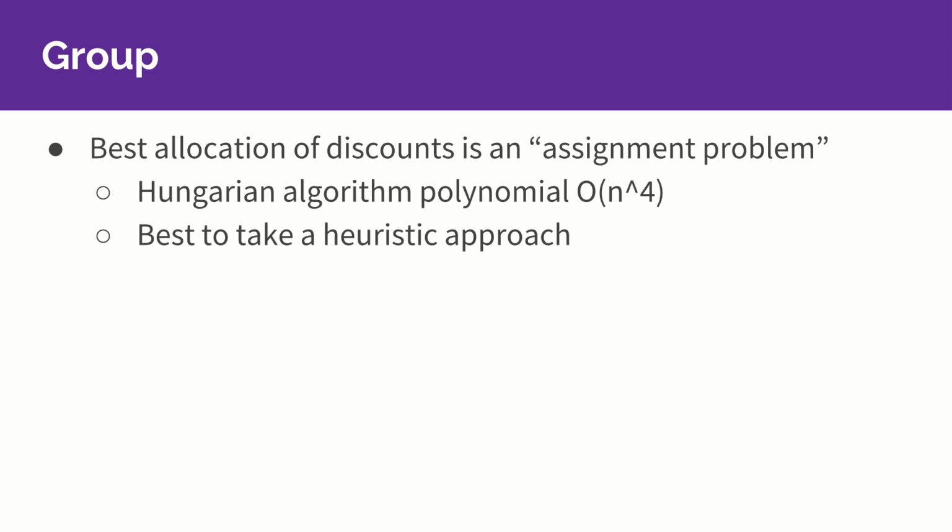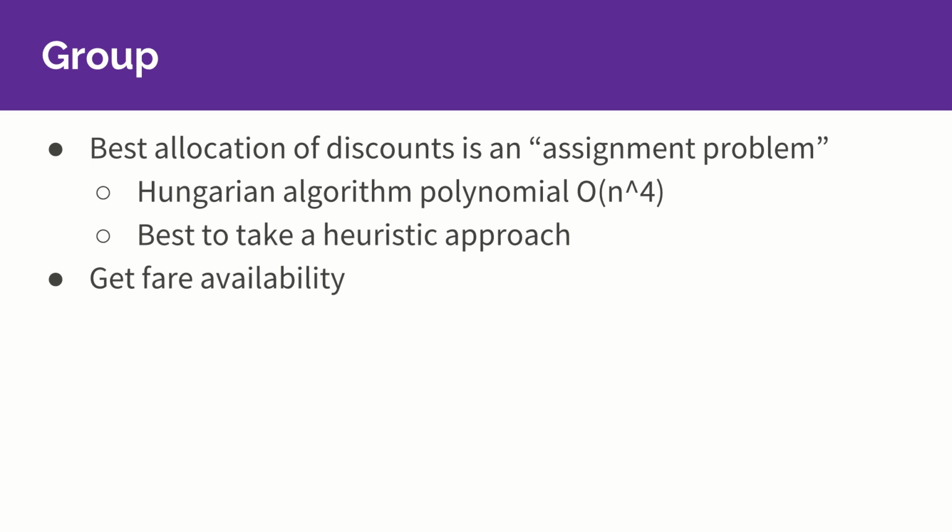There's also ticket availability for advanced products, and you have to factor in all of those things and work out what is the best way to assign these. What I came up with in the end was a heuristic approach, which means it doesn't guarantee that it's going to give you the best result, but it probably will.